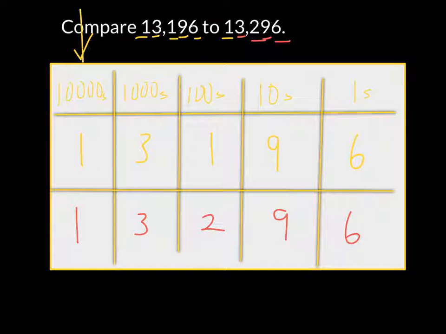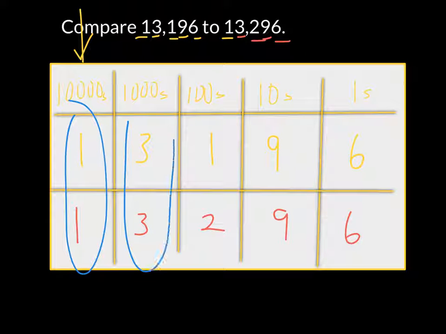And I see that in the 10 thousandths place, both numbers have a 1, so they're the same there. In the thousands place, they both have a 3, so they're the same there. And here in the hundreds place is where they are different.